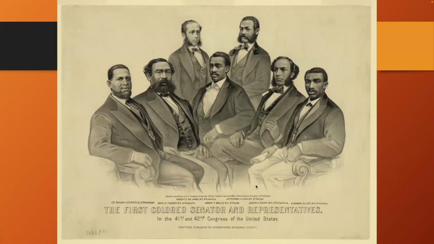Well, with this resistance, really the period of Reconstruction is going to be highlighted by violence. It's a very chaotic atmosphere. Now, in regards to this violence, it's going to vary from state to state. In some states you will see individual localized conflicts.